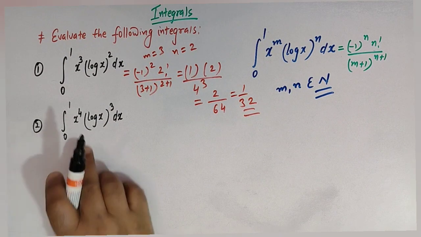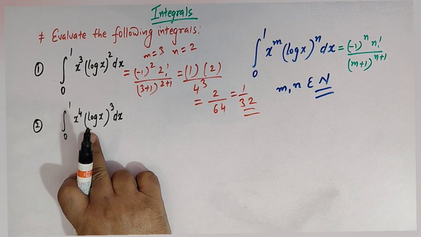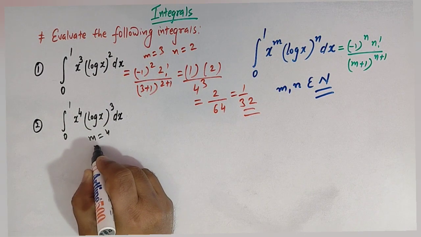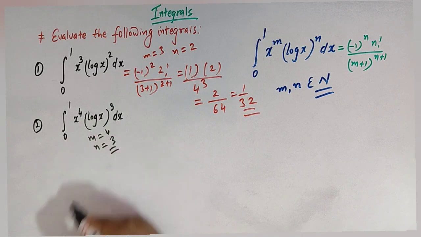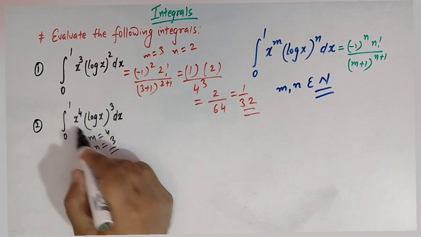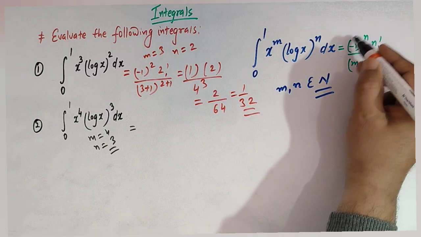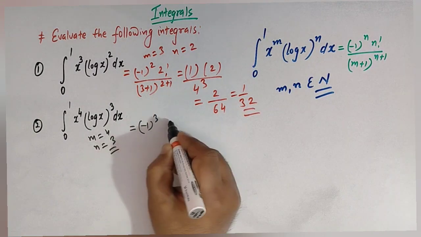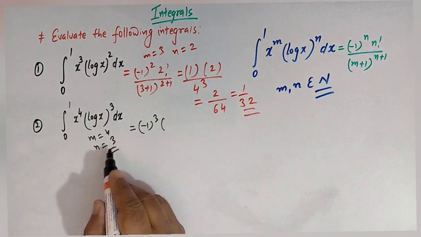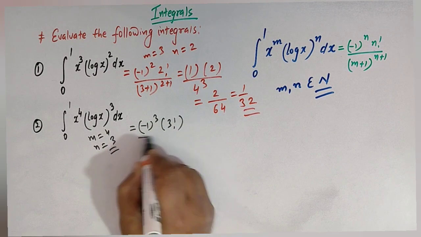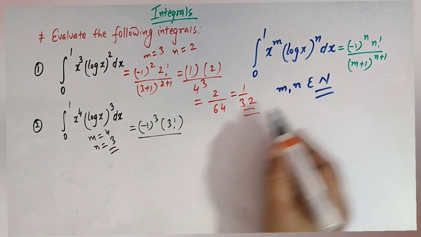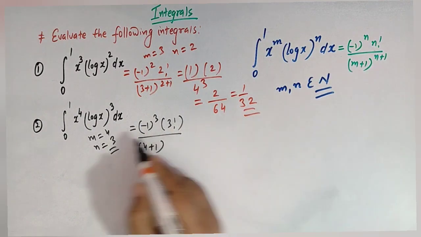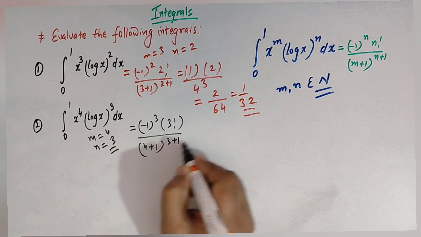Now let us consider this integral. Comparing this integral with this one, the value of m is 4 and the value of n is 3. So the value of this integral can be written with the help of this result. We have minus 1 raised to n is 3, and then we have 3 factorial, and in the denominator we have m plus 1, so we have 4 plus 1 raised to n plus 1, and n is 3, so here we have 3 plus 1.